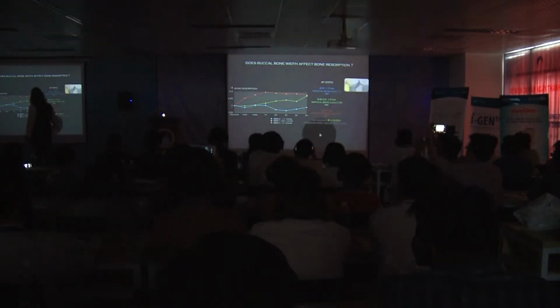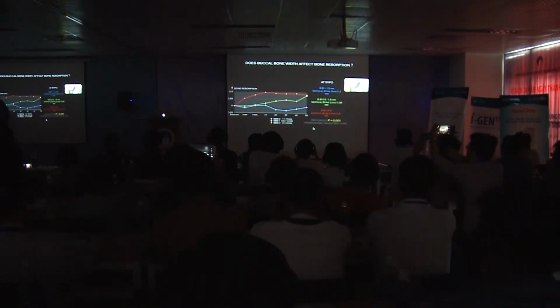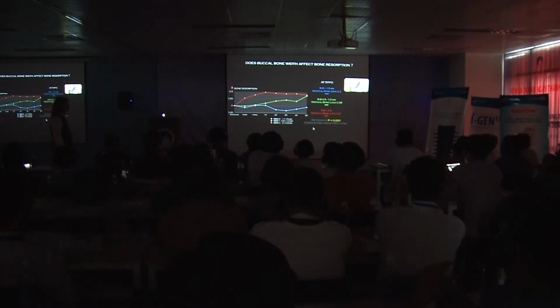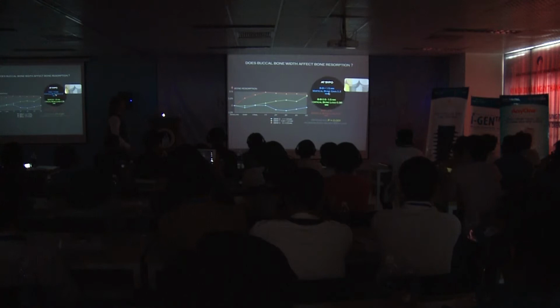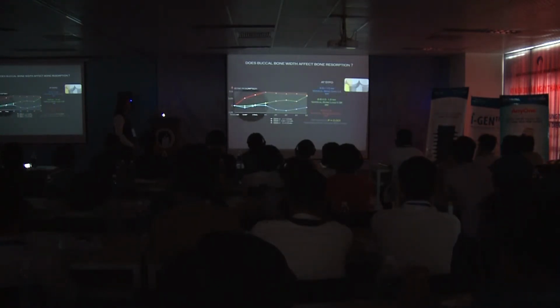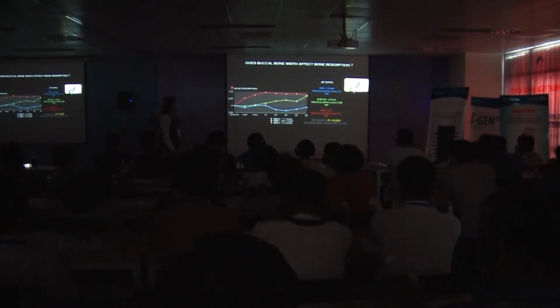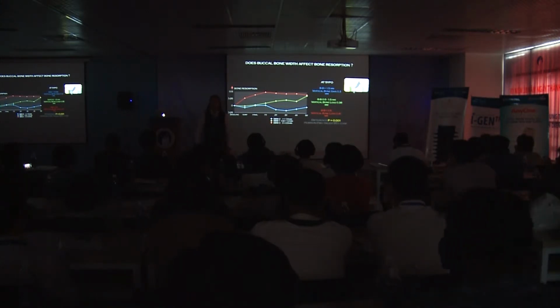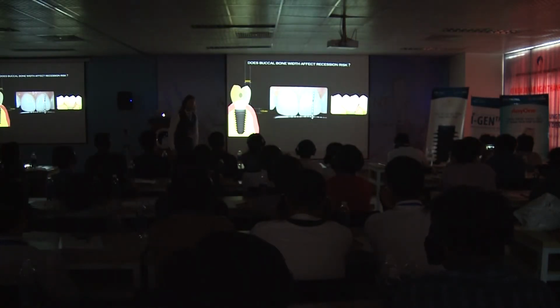The Pearson significance is very high. Those implants that had more than 1.5 millimeters of bone had very stable bone behind. But this is not important for us. The patients don't care. They don't smile making a radiograph. They want to see this.